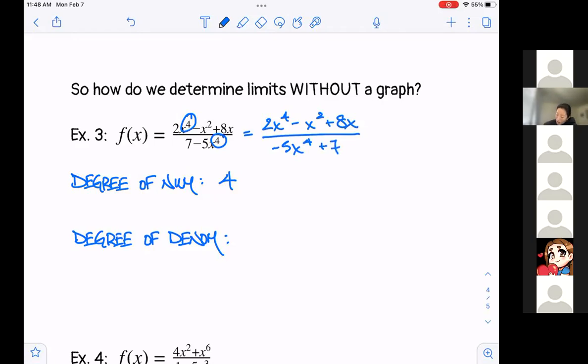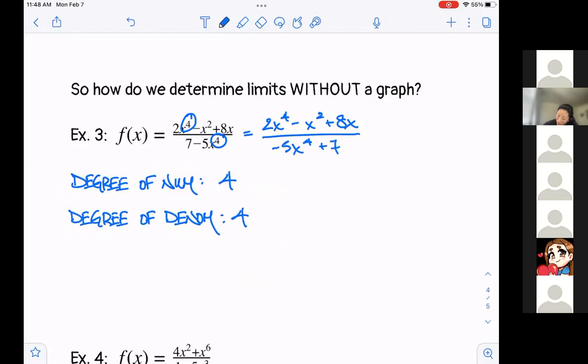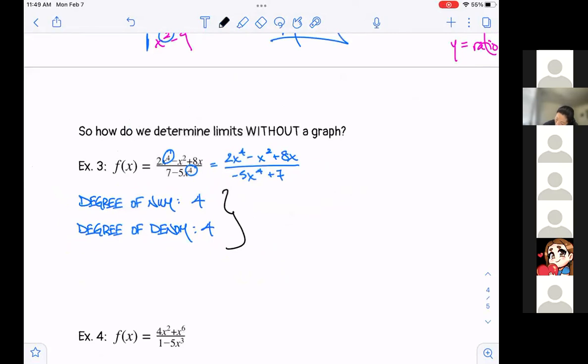Okay, so I would agree. We are all too clever for that trick. The degree of the numerator is 4, the degree of the denominator is 4. Great. What does that mean we should see on our graph? So since degrees are equal, what does that mean? Do we have a horizontal asymptote, or is it that other behavior?